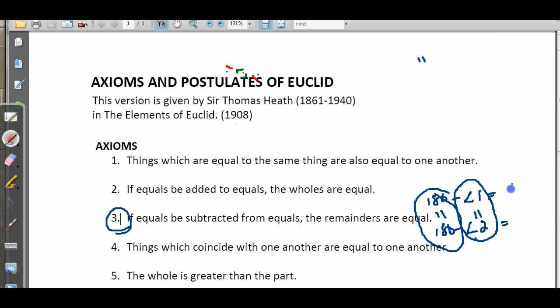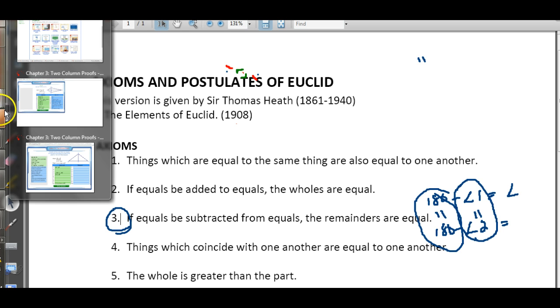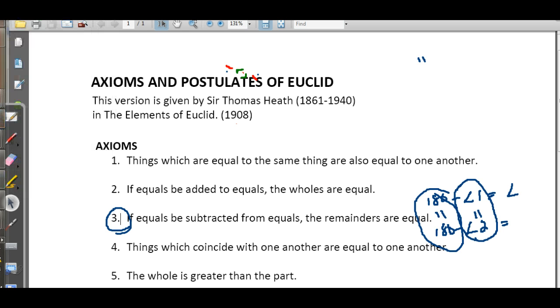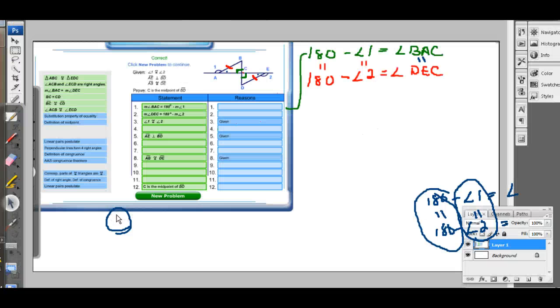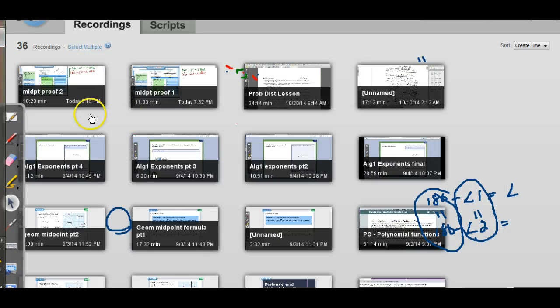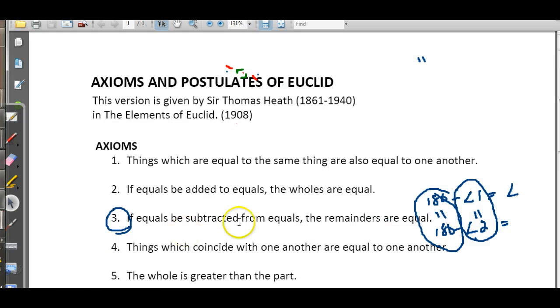So this was angle BAC and DEC. So then these remainders are equal.